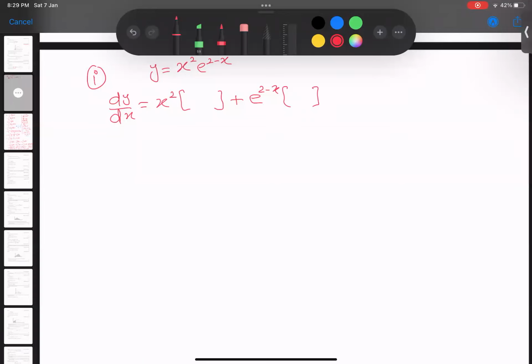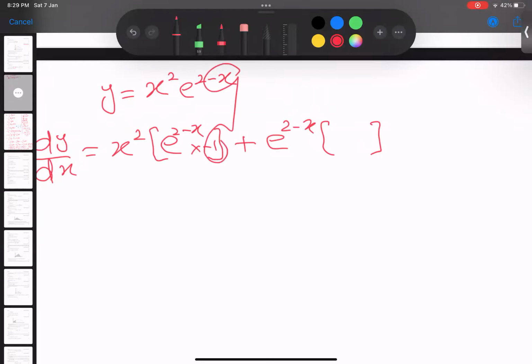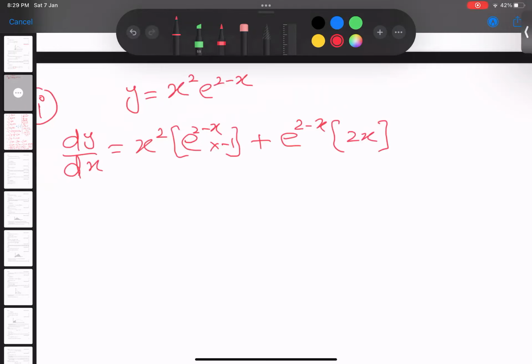What is the exponential derivative? First keep it as it is, times minus 1. Where does minus 1 come from? From the power's derivative, because the derivative of 2 is 0. Same approach, what is the derivative of x squared? It is 2x. And according to the criteria, for a maximum point, I will set the derivative equal to 0.